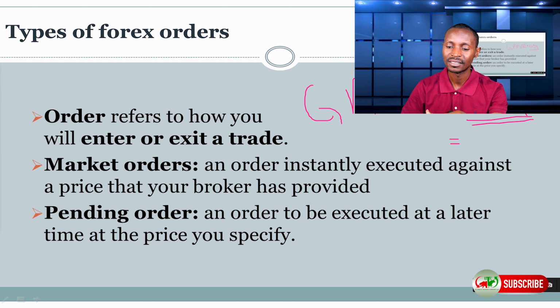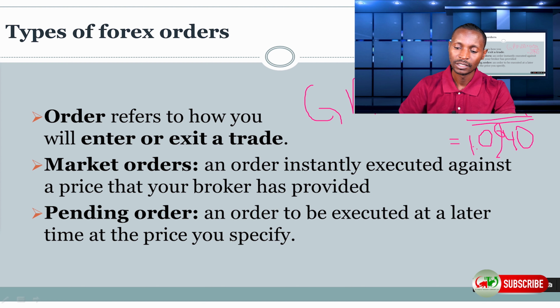Let's say you can make an order. Let's say you wish to enter at 1.0240. So it is possible to make a pending order, so that only if the market reaches this price, your order is executed.